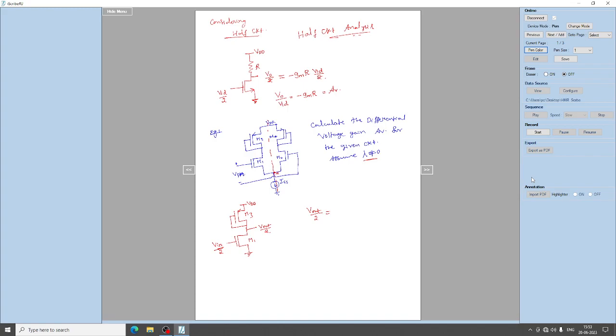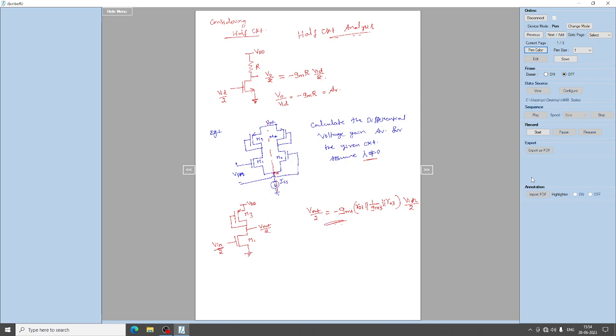Here M1 is the active device, so Gm1 into R01, the output impedance of M1, parallel with 1 upon Gm3, the transconductance of transistor 3, parallel with R03, into V in by 2.